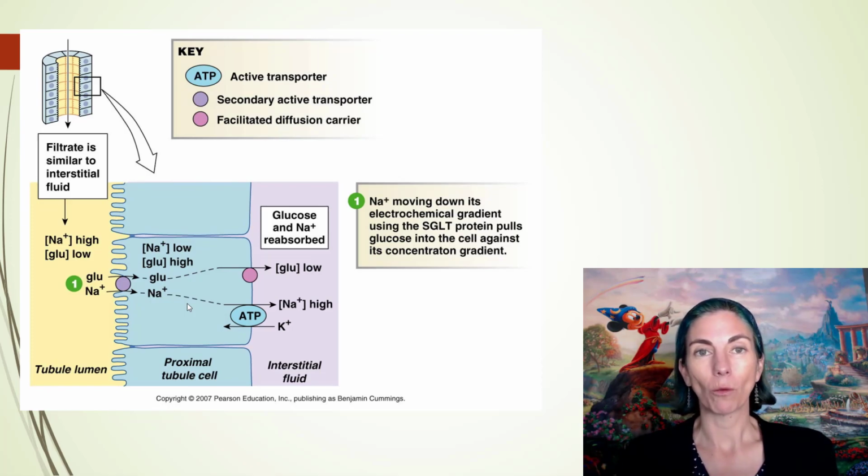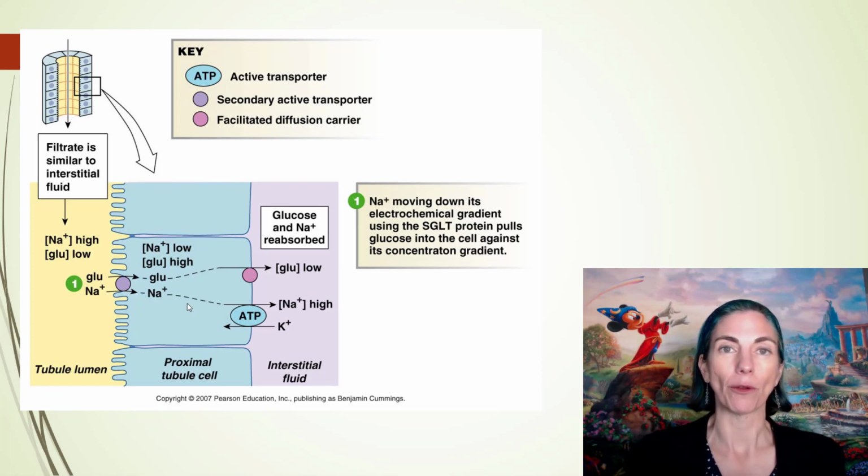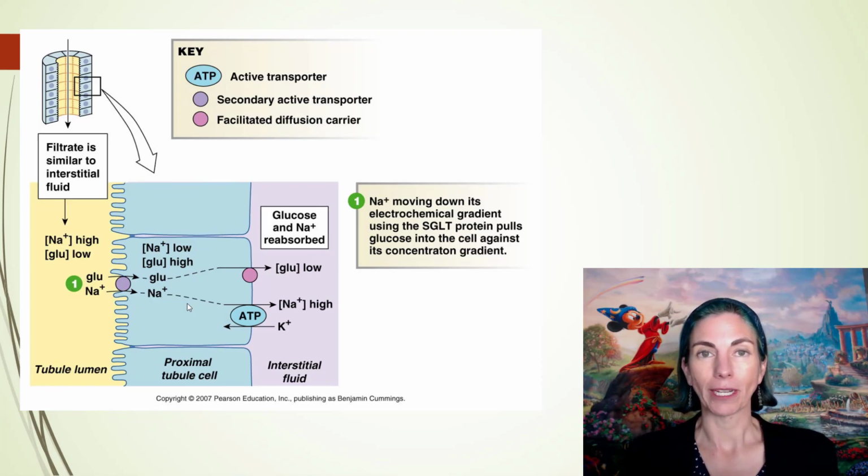In other words, we use a sodium amino acid cotransporter or sodium nucleic acid cotransporter to bring those nutrients across as well. Ideally, 100% of all of your nutrients will be reabsorbed in the proximal tubule. So this is total reabsorption, or it should be total reabsorption.